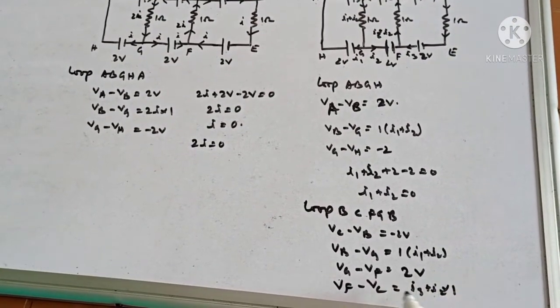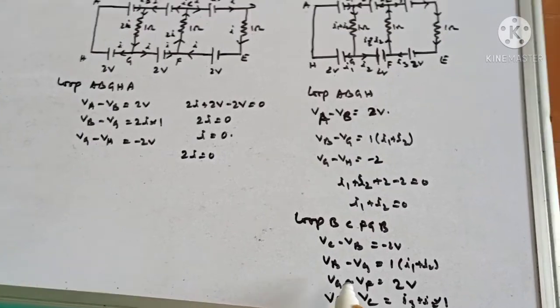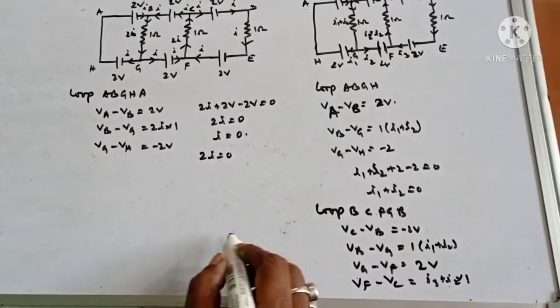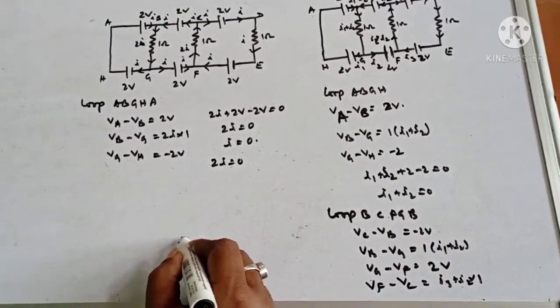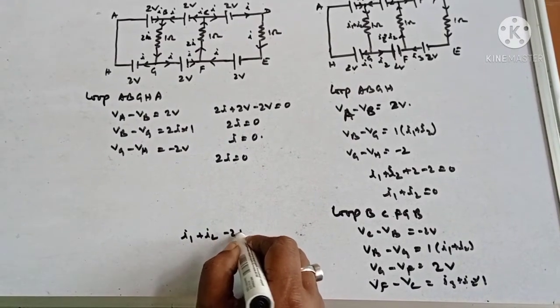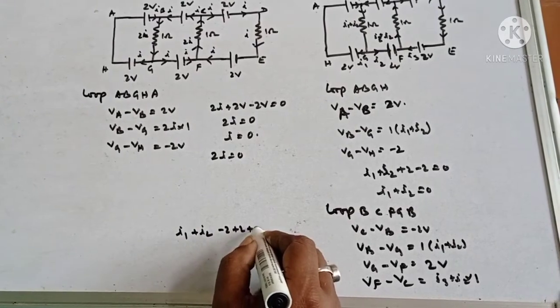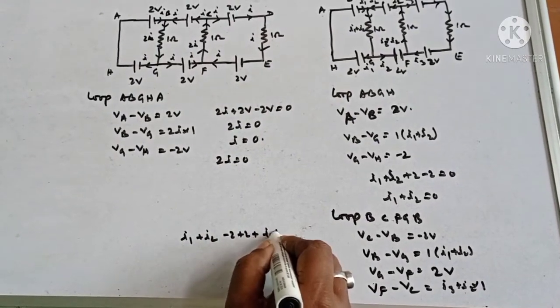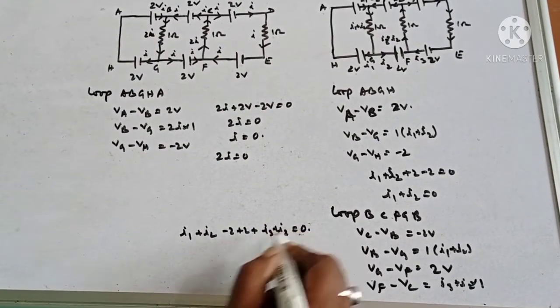So here again you see one thing: I1 plus I2 minus 2 plus 2 plus again I3 plus I2, this will be 0.